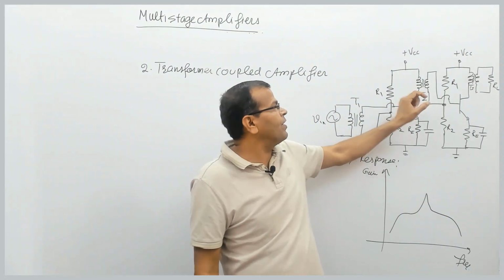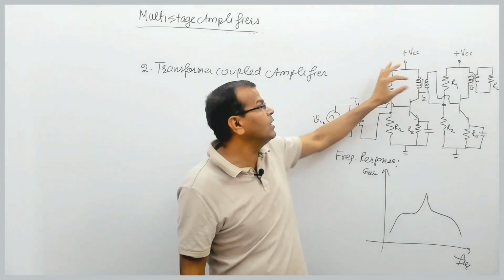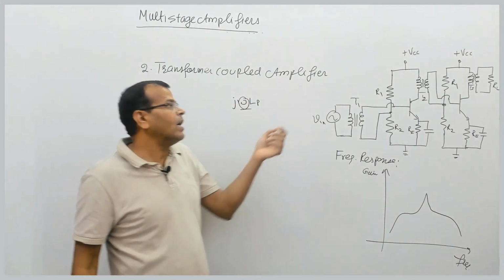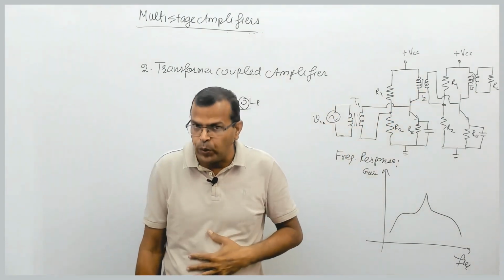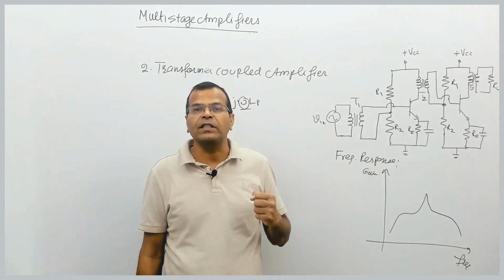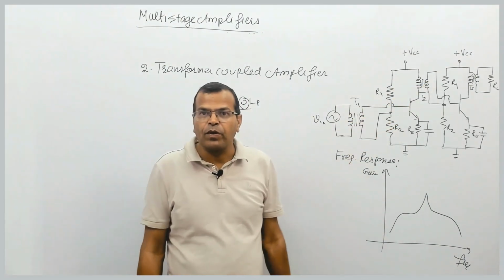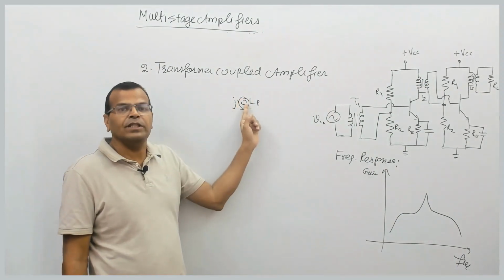So at low frequencies, the impedance offered by primary of the transformer is low. Why? Because that is frequency dependent, and voltage drop across primary winding at low frequency will be low. So at low frequencies, the overall output voltage will be low, but at high frequencies its gain will go on increasing.